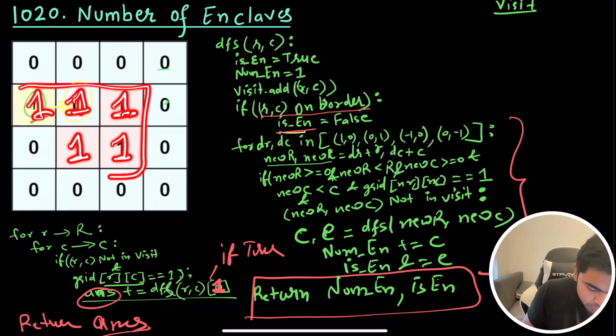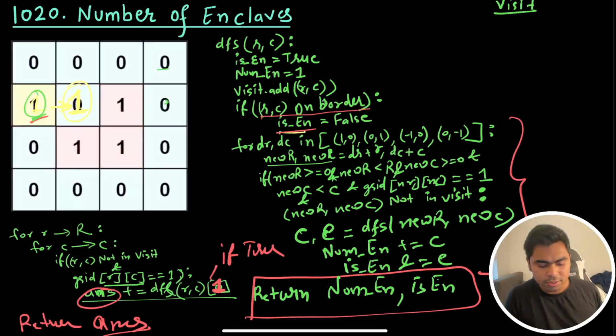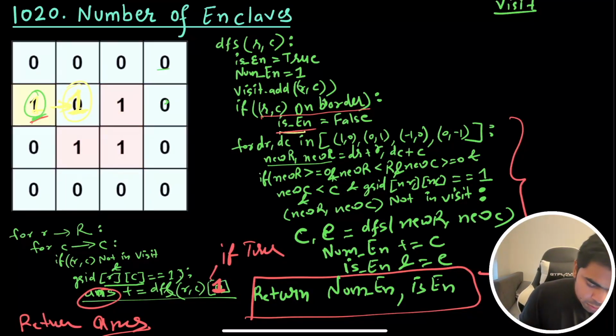So there will be no enclave in my answer if this was a 1. That is why, although I'm marking is enclave false, I'm still running that. After you run through, this will get cancelled, but you will mark all of these visited. So these are already visited, then this one visited, this one visited.